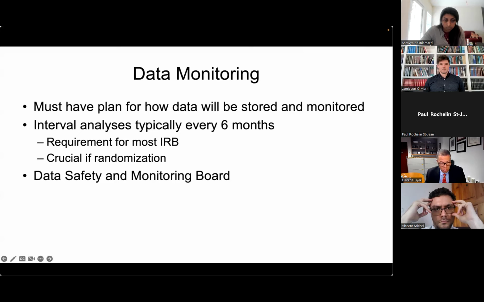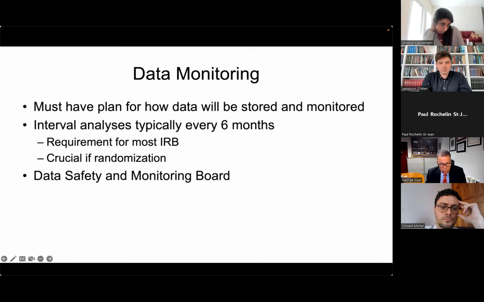These data safety and monitoring boards need a feed of information from the trial, and one will want to make sure that those routines are set up at the beginning of the trial so that best practices are being followed.